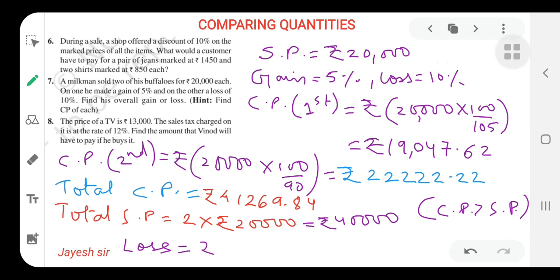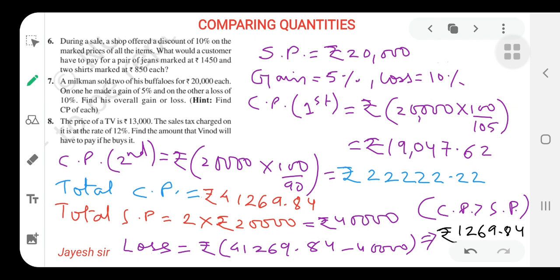That is 41269.84 minus 40,000. The amount I am incurring as a loss is rupees 1269.84. I hope you all might be getting it. So on the whole transaction I am incurring a loss of rupees 1269.84.